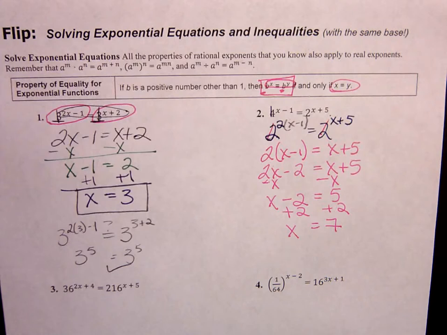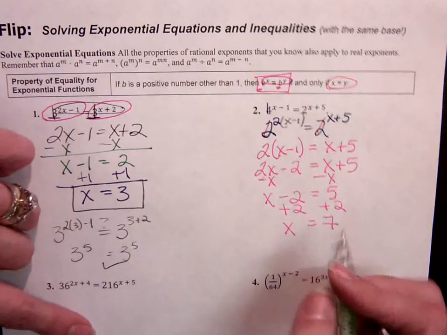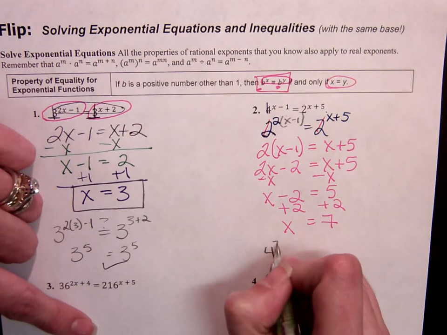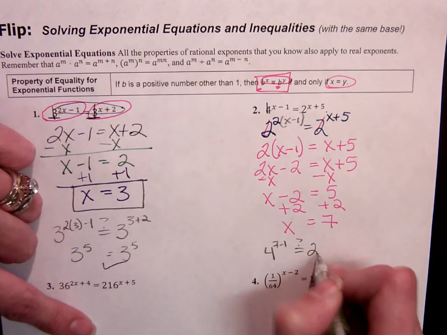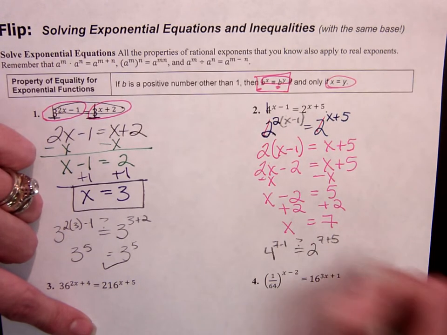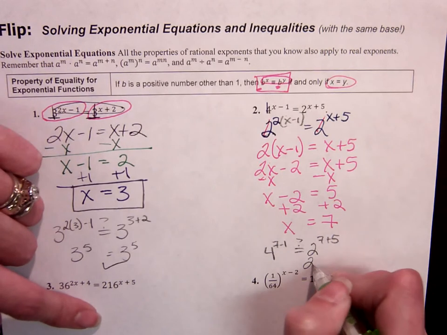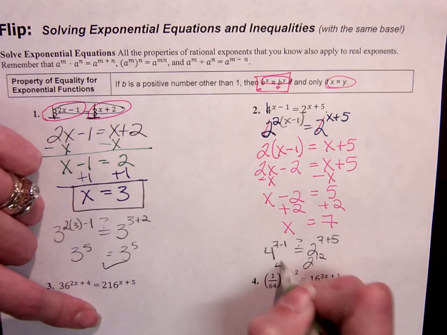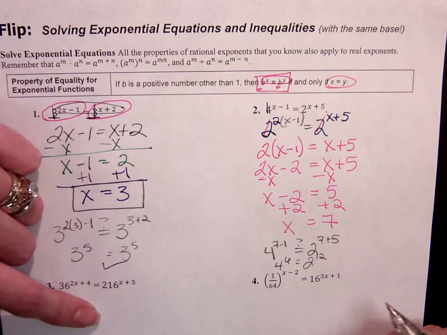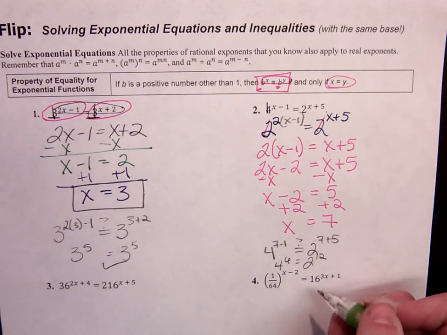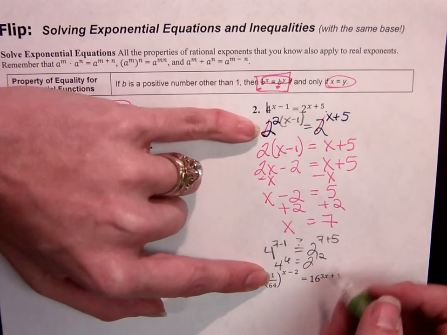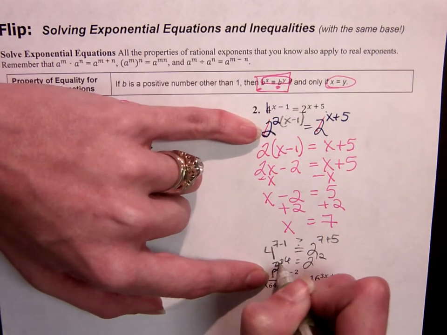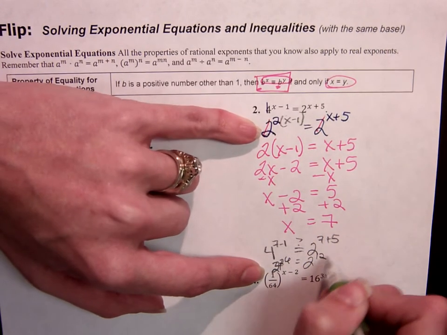Again, before we walk away from it, we want to check and make sure. Is 4 to the 7 minus 1 the same as 2 to the 7 plus 5? Well, that's 4 to the 6th and 2 to the 12th. Are those still the same? Well, if I think back to, we changed 4 to 2 squared. So if it's 2 to the 2 times 6, I get 2 to the 12th and 2 to the 12th.